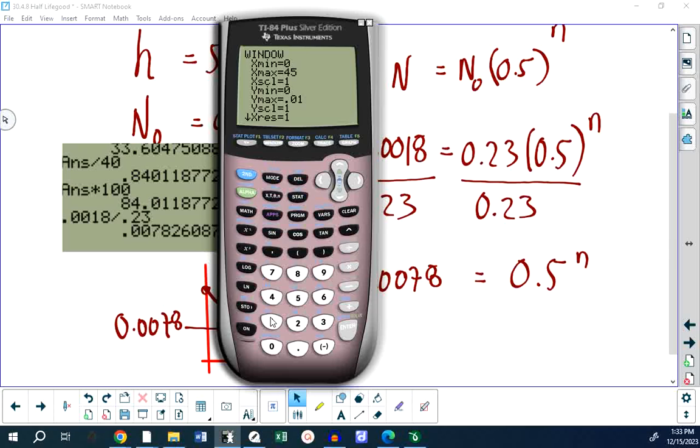I would also use a bit of common sense: if I divide 0.23 by 2, I get about 0.1, and if I divide by 2 again, I get about 0.05. I'm thinking n will be 2 or 3 half-lives. So a little bit of common sense goes a long way here. Let's go up to 4. Might have to go a little more. Let's go up to 6.